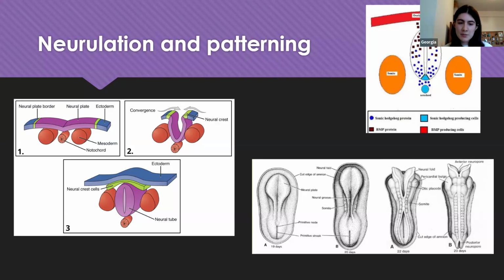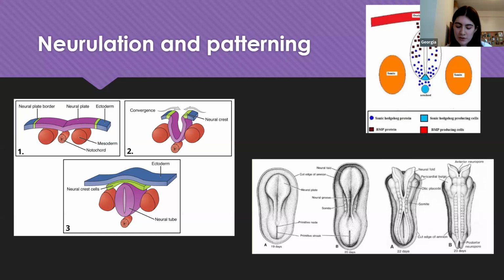The nervous system tissue nearest the notochord is ventral, and this ventral region forms the motor regions of the spinal cord. This occurs due to patterning from the notochord by sonic hedgehog, or SHH. Next up, we have convergence on the other side. The dorsal sides of the neural plate come together, forming a tube, and this dorsal part of the tube forms the sensory part of the spinal cord.